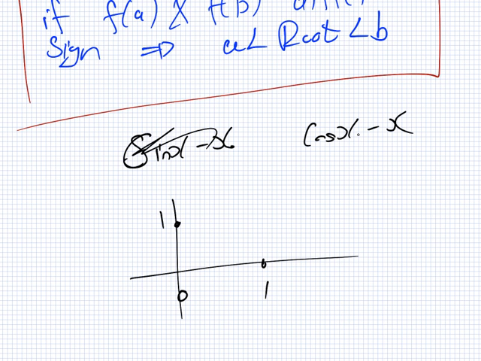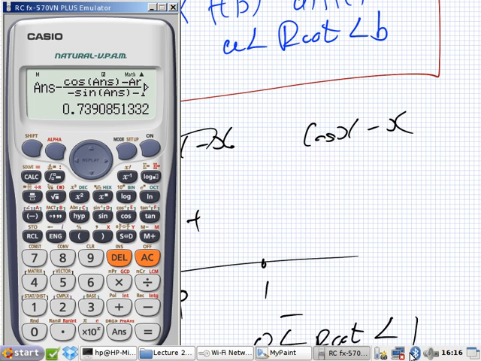Is it a negative? Negative. Yeah, negative. So I would know that there's a root between 0 and 1. So what would be a good place to start? Maybe I should start at 0.5. And then you can move in quickly. In fact, the true answer was 0.73, so I would have got there very quickly.